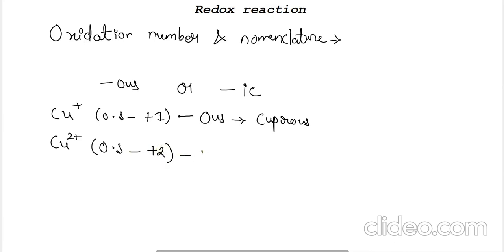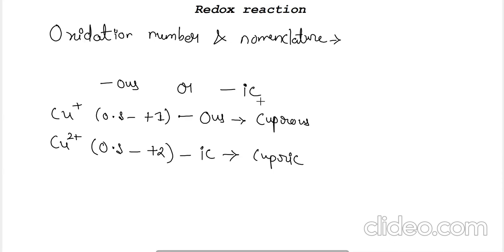Then IC is the suffix which is used here, and the name of the copper will become cupric. So this kind of rule was used previously: for the lower oxidation state the suffix is OUS, and for the higher oxidation state the suffix is IC, that is cupric.